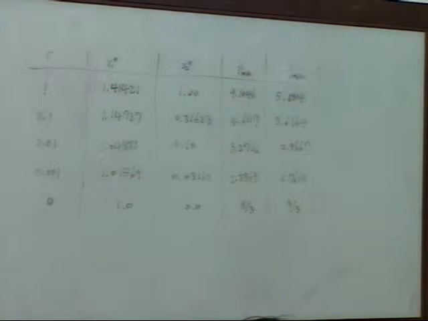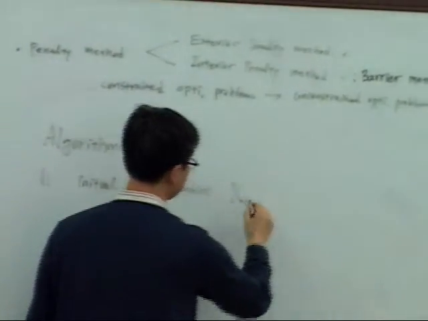Okay, algorithm. The algorithm is exactly the same as what we've done so far. Let's take an initial feasible point, and let's call this x of 1.